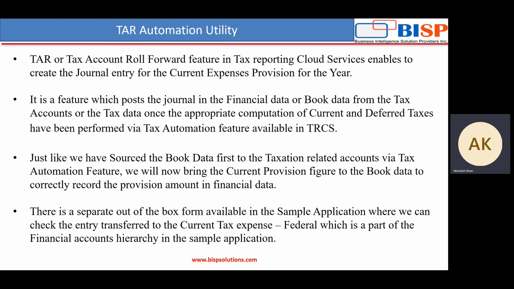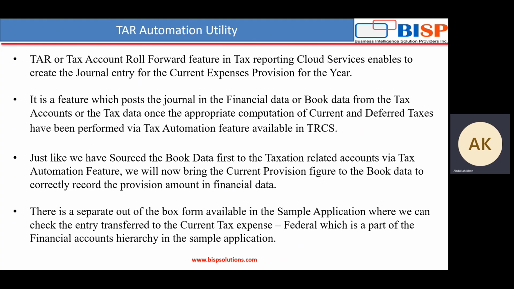But now what we are doing is the opposite of what we did. So once the provision is created in the tax account, we are moving that provision to the financial data. And that process is basically the tax account roll forward process, and we will be automating the same in the application.